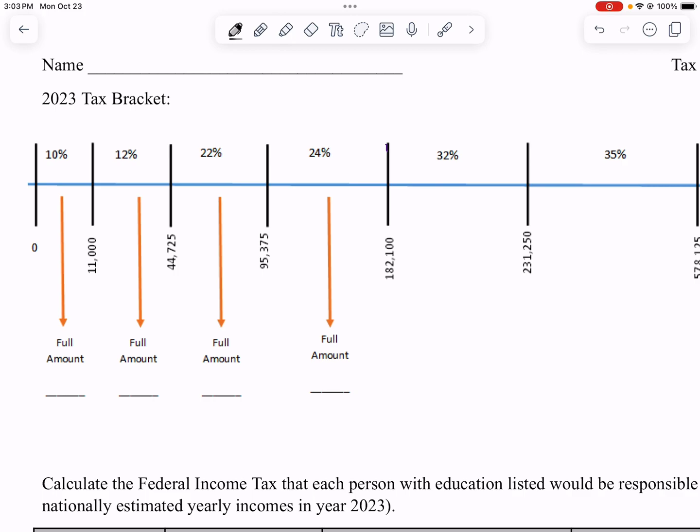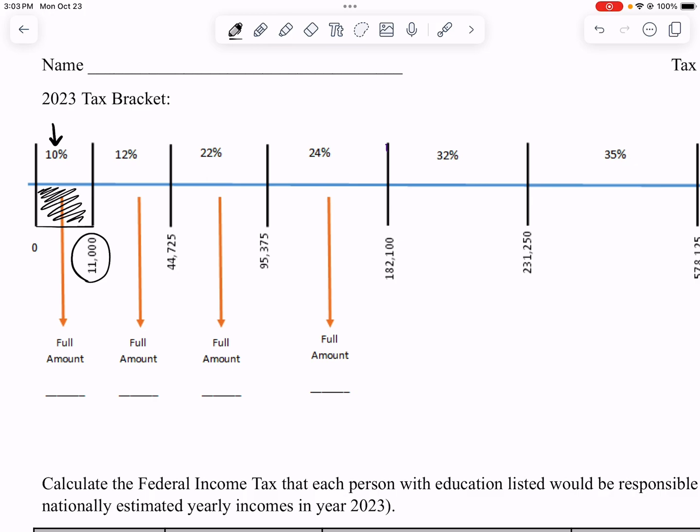So the first bucket, if you would call it that, is this right here. This bucket holds $11,000. On that first $11,000 that you make, you're going to pay 10% in tax.